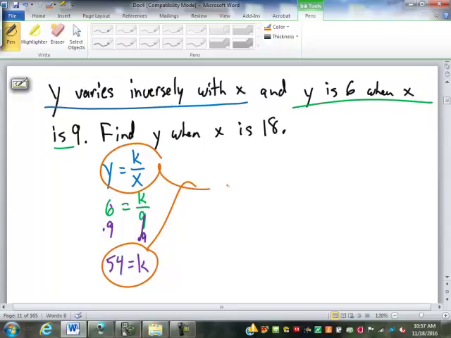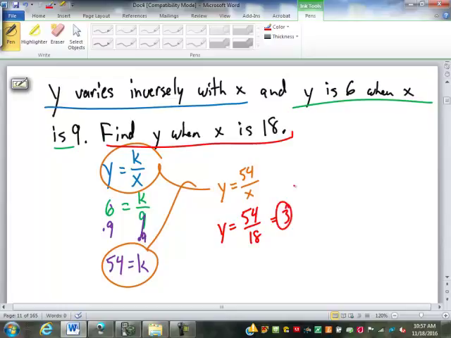So I put the k back into our relationship. Instead of y equals k over x, y equals 54 over x. And finally, find y when x is 18. It's telling me to replace x here with 18, and see what I get. 54 divided by 18 is 3. So y is 3 when x is 18.